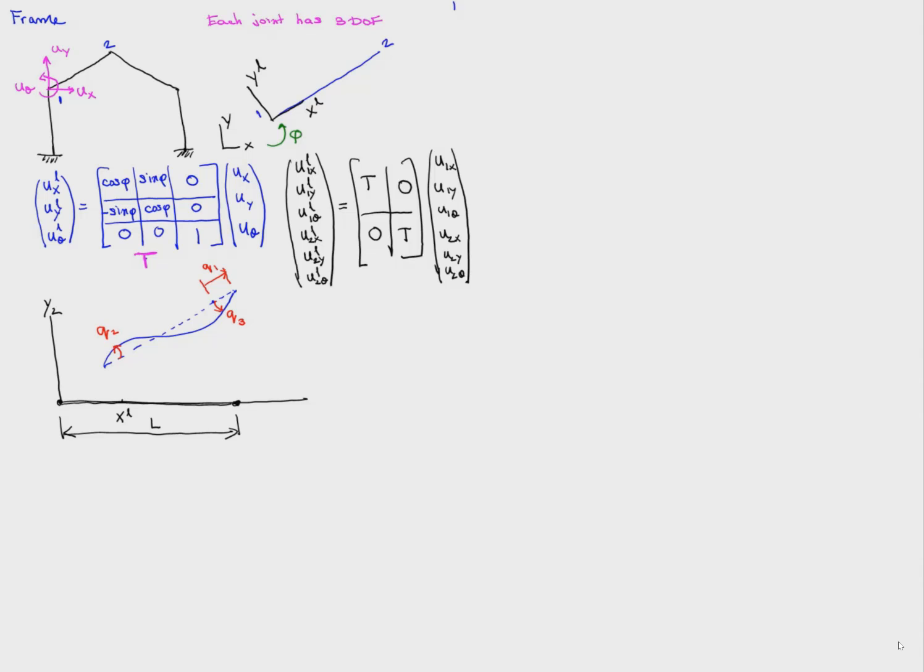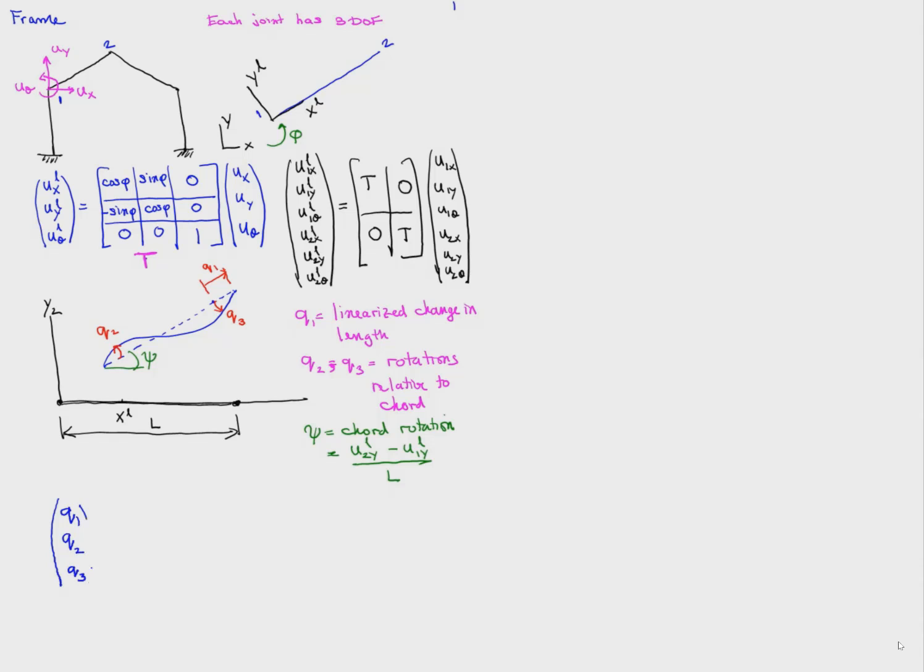And let's look at these 3 internal deformations: the linearized change in length, the rotation of one end relative to the chord, and the rotation of the other end relative to the chord. Now the chord rotation itself we'll call psi, and we can see from geometry that psi is nothing but u2y in the local coordinates minus u1y in the local coordinates divided by the length of the member.